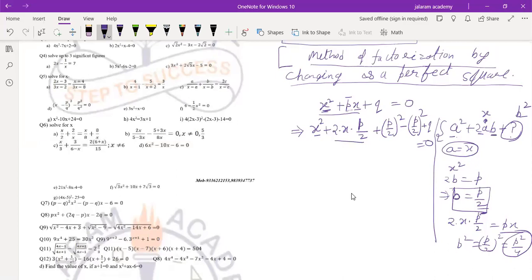Now is it same as the previous line or not? Check whether it is the same term. First we have added (p by 2) whole square, then we have subtracted (p by 2) whole square to make it an identity, and q is already there as the third term, so we have written the third term. Understood? x square, yes sir. In place of px, it is 2 into x into p by 2.